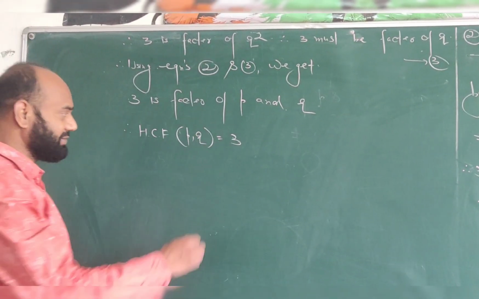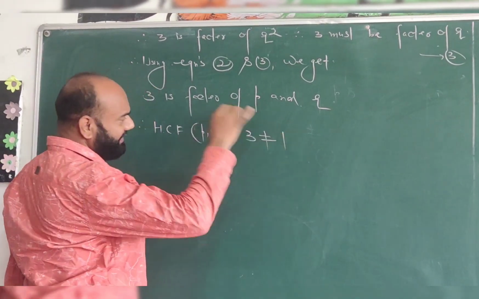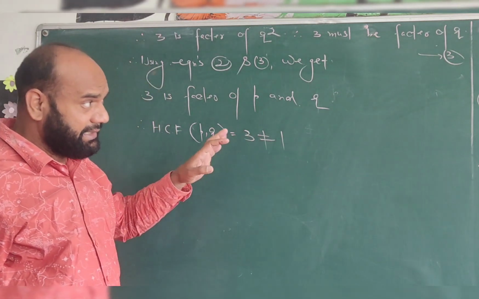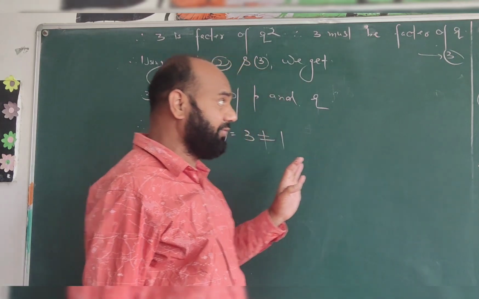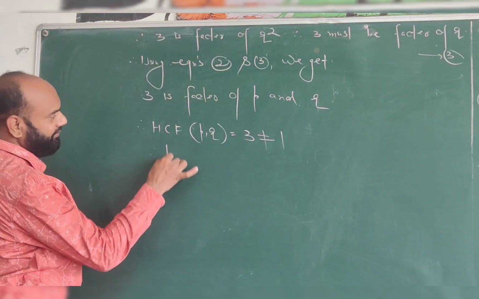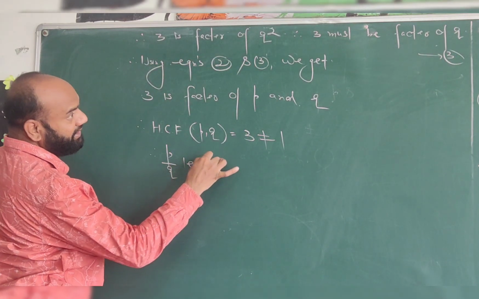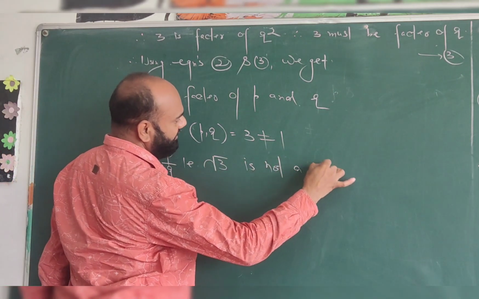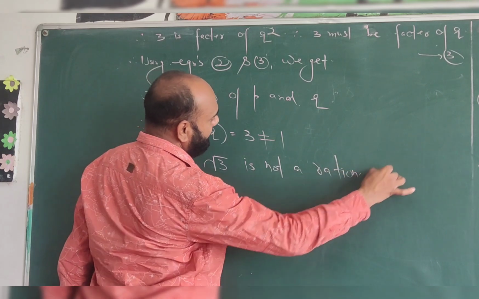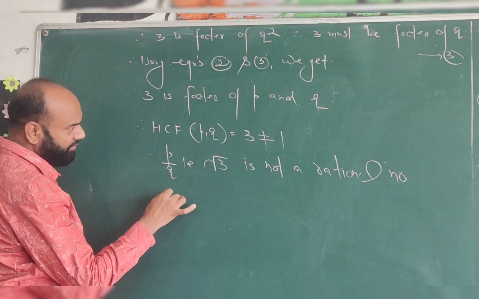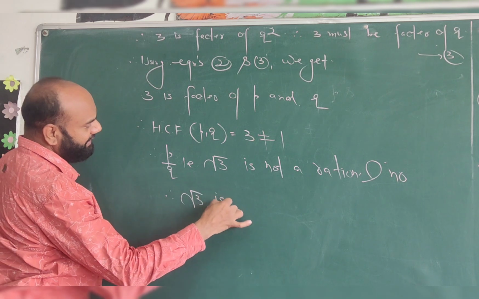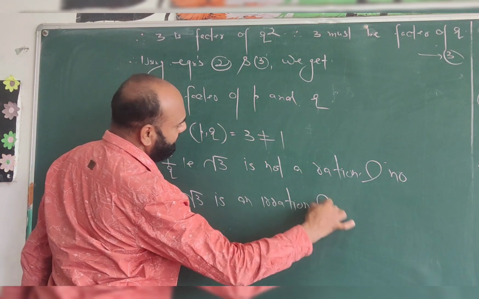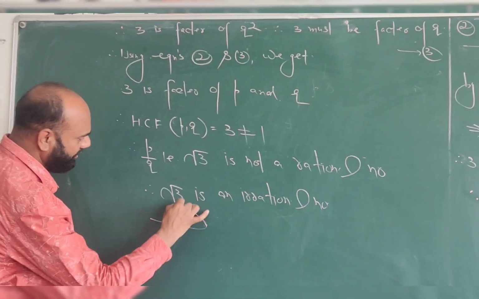But here the highest common factor is 3, which is never equal to 1. So P upon Q does not satisfy all the conditions of a rational number. Therefore, P upon Q, that is root 3, is not a rational number. Therefore root 3 is an irrational number. Hence proved.